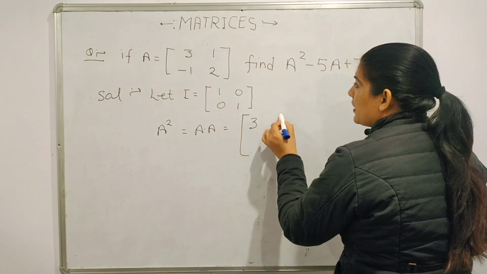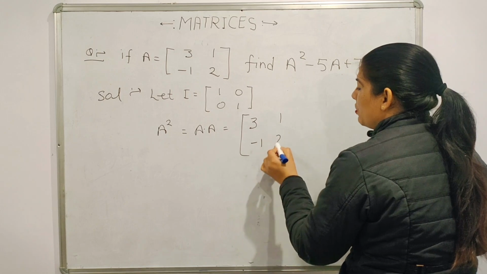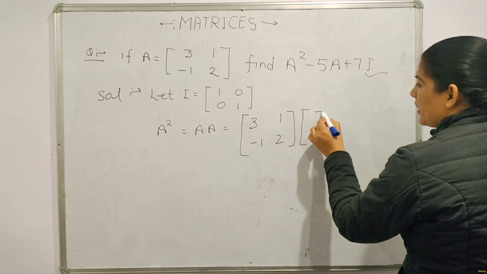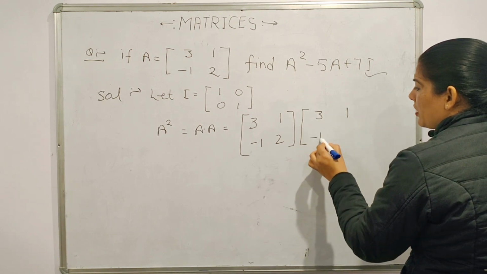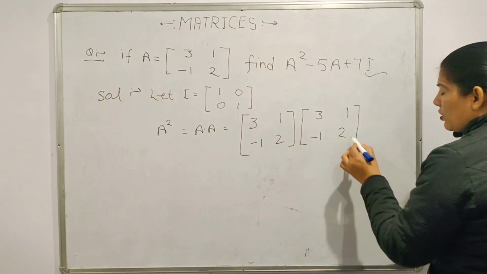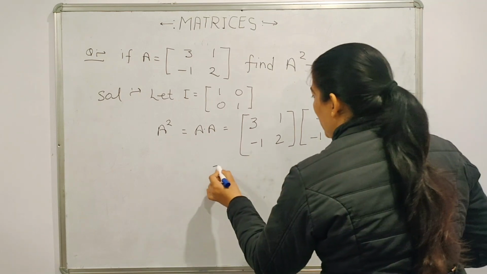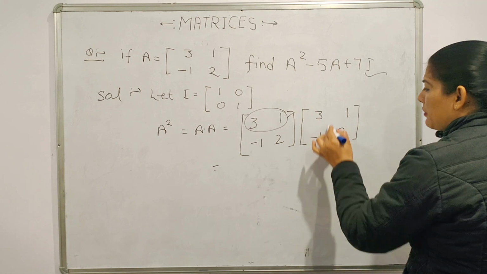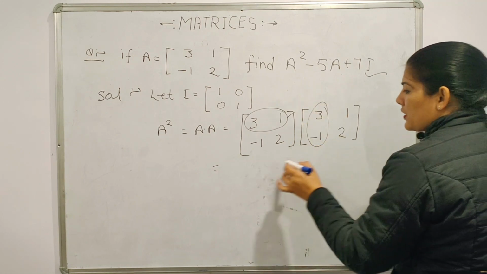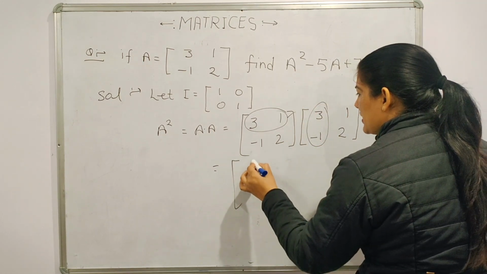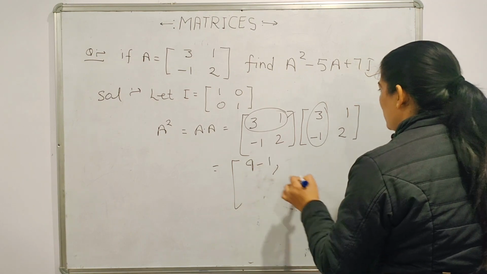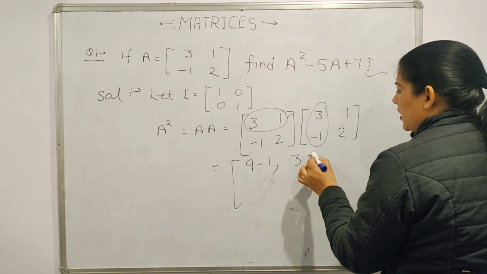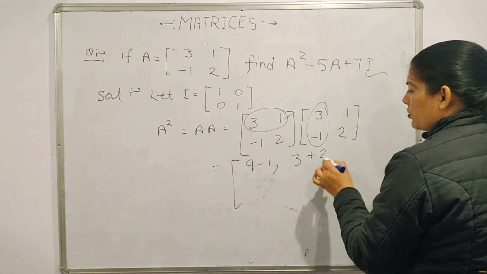So you have to write 3 1 minus 1 2 twice, and then multiply them by the same method of product of matrices. How do we multiply these two? We take the row of the first and multiply it with the first column. So 3 3s are 9, minus 1 is the first element, and 3 1s are 3, plus 2 1s are 2.